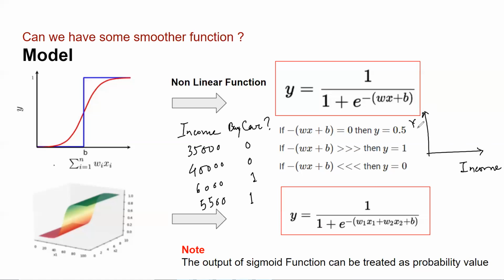So let's say this is 35K, here 40K, 55K. This is 0, this is 1. Are you comfortable with this plot? Yeah, absolutely. Okay.